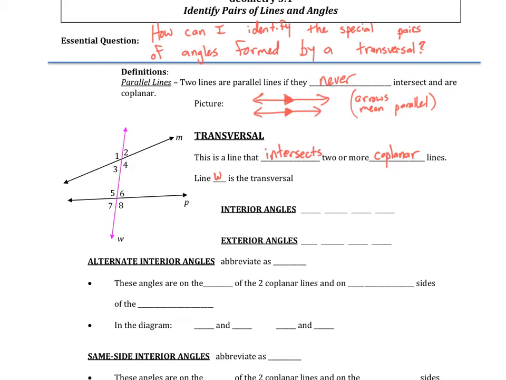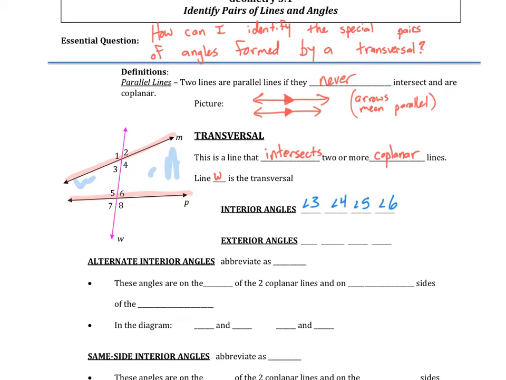Then we can see the two coplanar lines, if I highlight them, 1, 2, there are angles inside. Inside as in between, somewhere in here, right? That's inside. So the interior angles on the inside are angle 3, angle 4, angle 5, and angle 6.